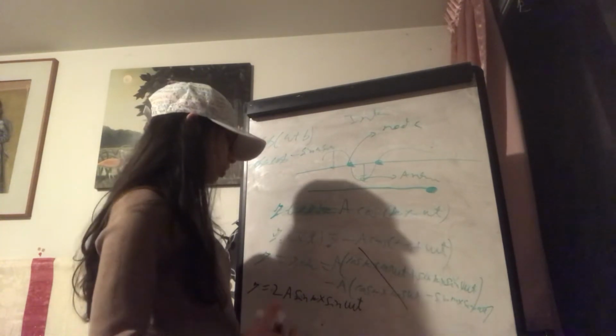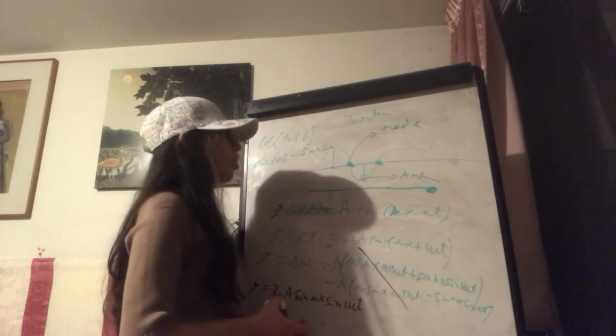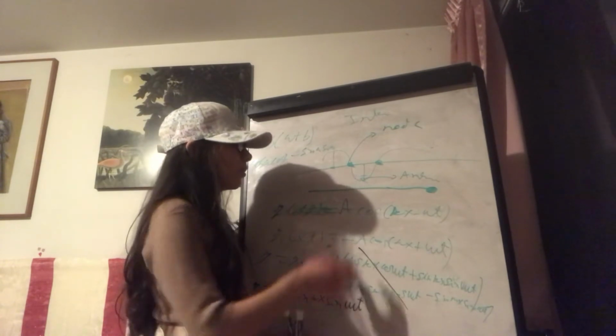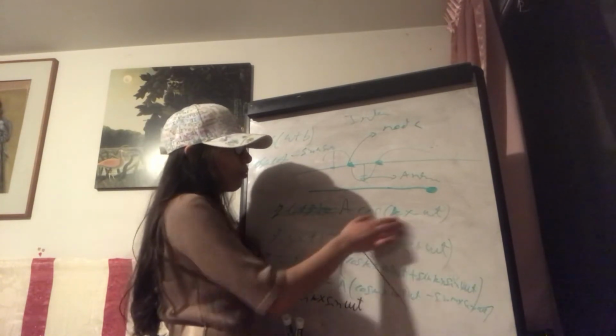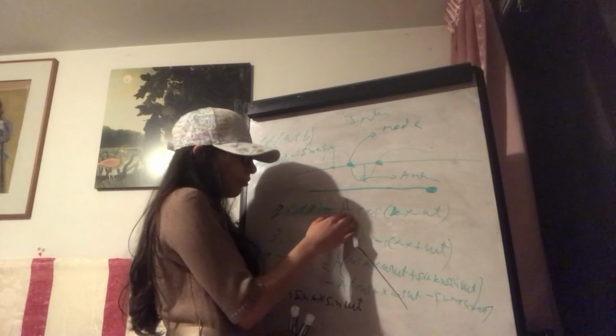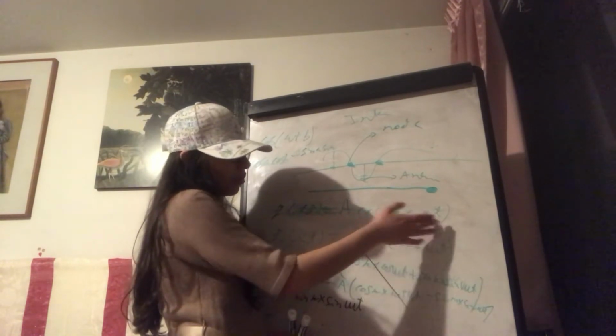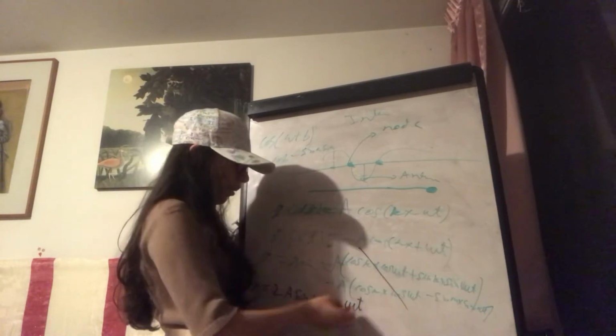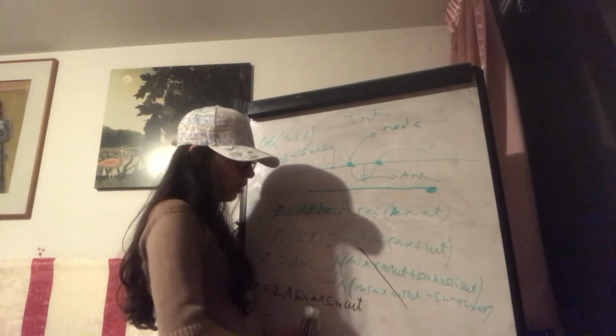Now I did it like this, and it depends on how you write the wave equation, because you can have it as a cosine of kx minus omega t, or you can put it as a sine of kx minus omega t, and then you will have a cosine here instead.